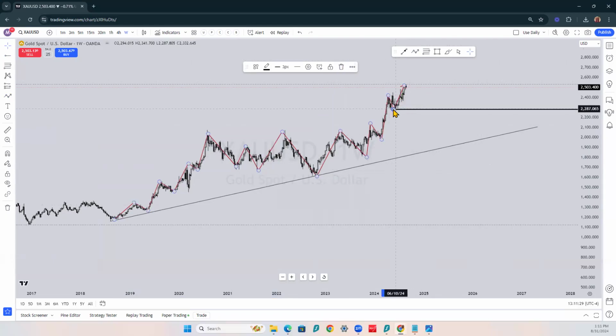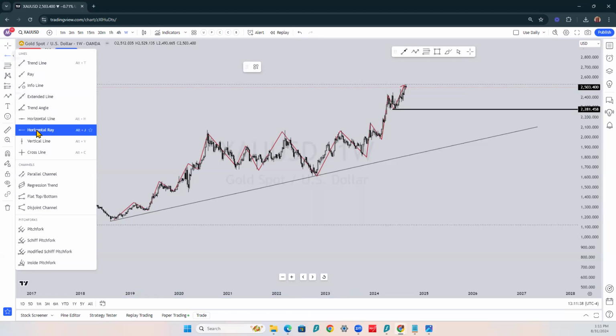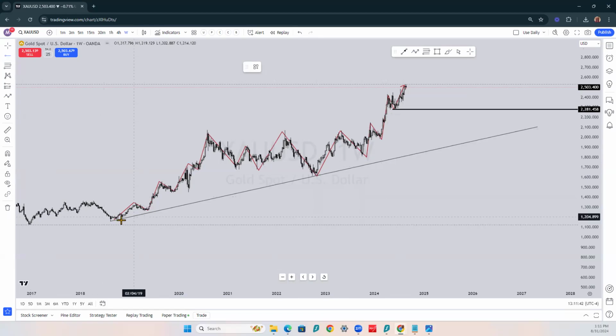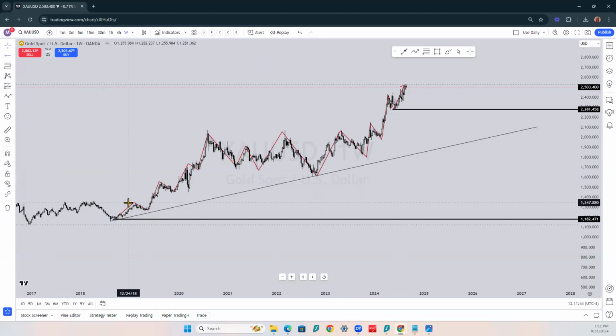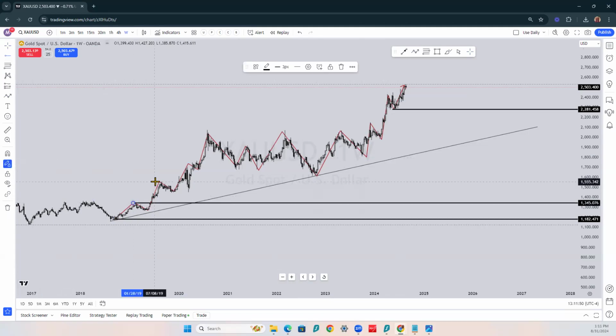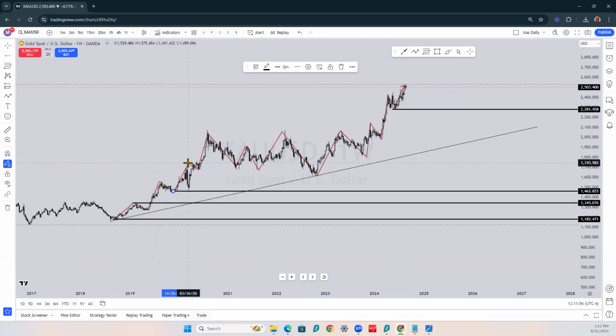Here's another tactic that I do. I take these horizontal rays and I mark up my highs and lows. So this was a low, a high, another one here, a low.